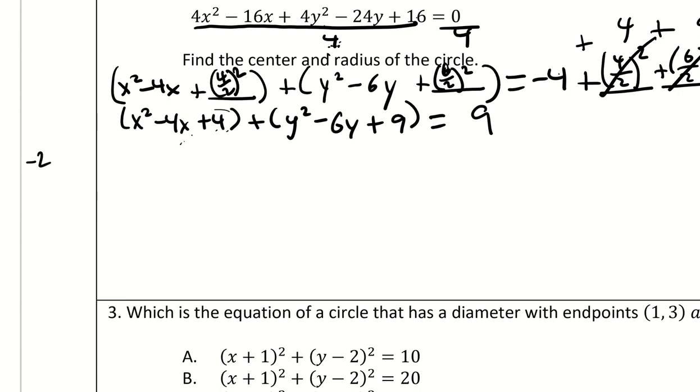It's 2 numbers that multiply to 4, positive 4, but add to negative 4. I reversed the numbers. They have to multiply to the last number, but add to the middle number. And that's going to be negative 2 times negative 2. Negative 2 times negative 2 is positive 4, but when you add them, you get negative 4. All right, and that becomes x minus 2 squared.